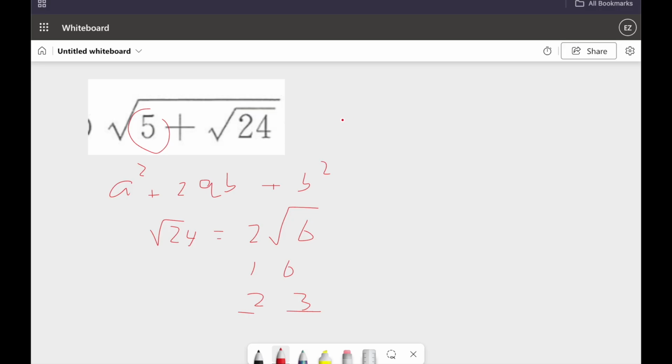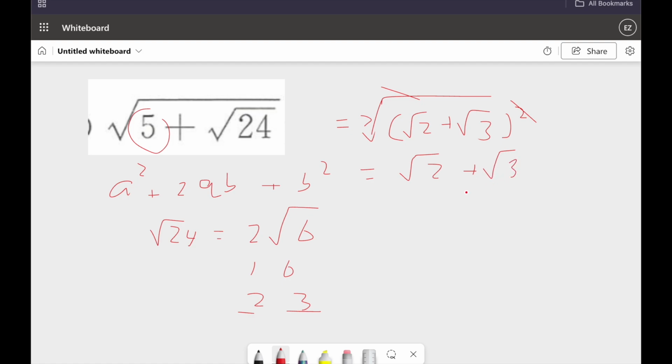So we can easily see it is equal to square root of 2 plus square root of 3, squared. Square root and square cancel out. We get a final answer: square root of 2 plus square root of 3.